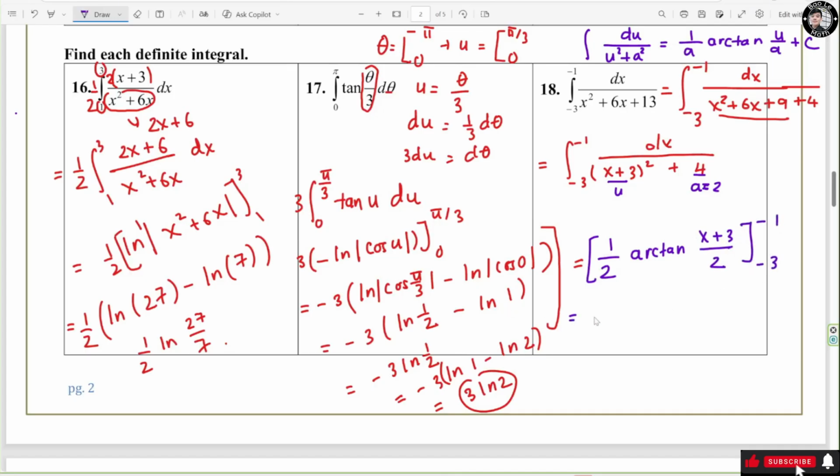So we substitute over here: 1 half arctangent of, substituting negative 1, it should be 1, minus, substituting negative 3, it should be arctangent of 0. So it's going to be 1 half. Arctangent of 1 is pi over 4. Arctangent of 0 is going to be 0. So the answer is pi over 8.